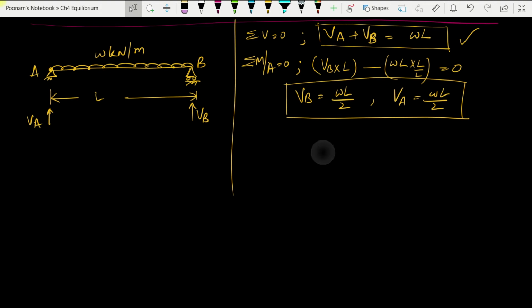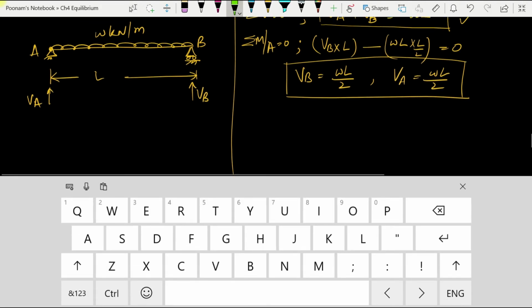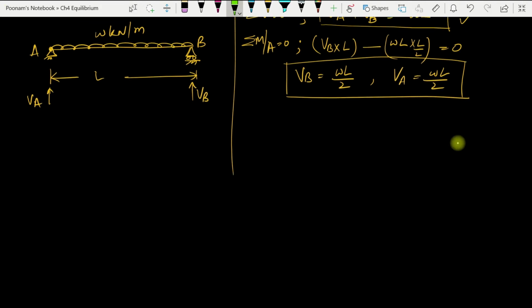Now for plotting the shear force diagram and bending moment diagram, let us cut a section. Let us cut a section here, 1-1, and take it here B, WL by 2, and let us say this distance is x, and my positive sign convention says that the internal forces will be acting upward.